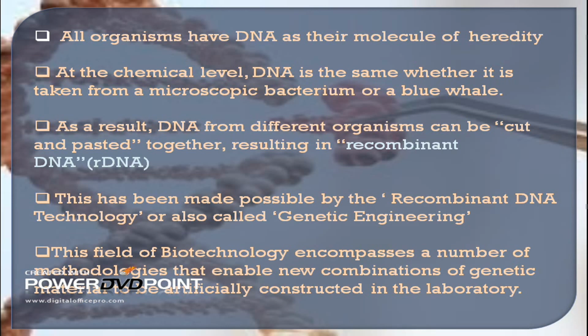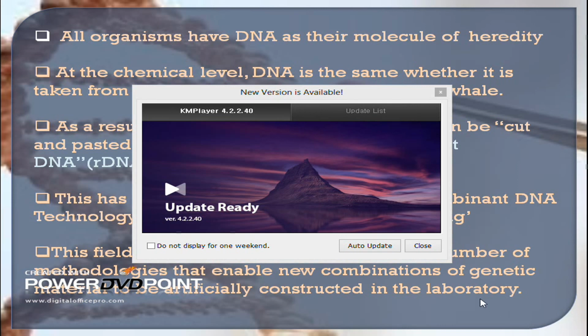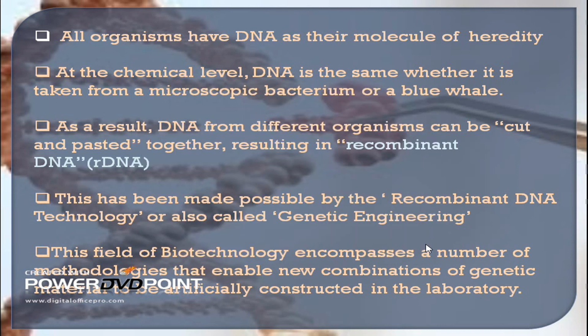As a result, DNA from different organisms can be cut and pasted together, resulting in recombinant DNA. This has been made possible by recombinant DNA technology, also called genetic engineering.